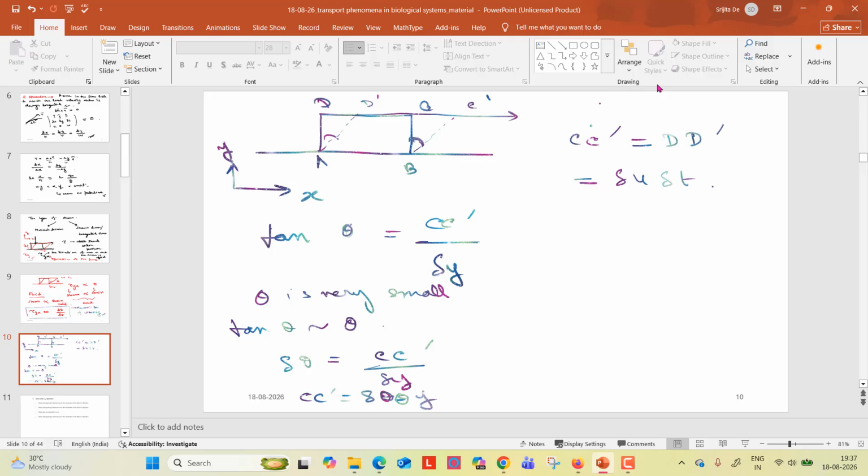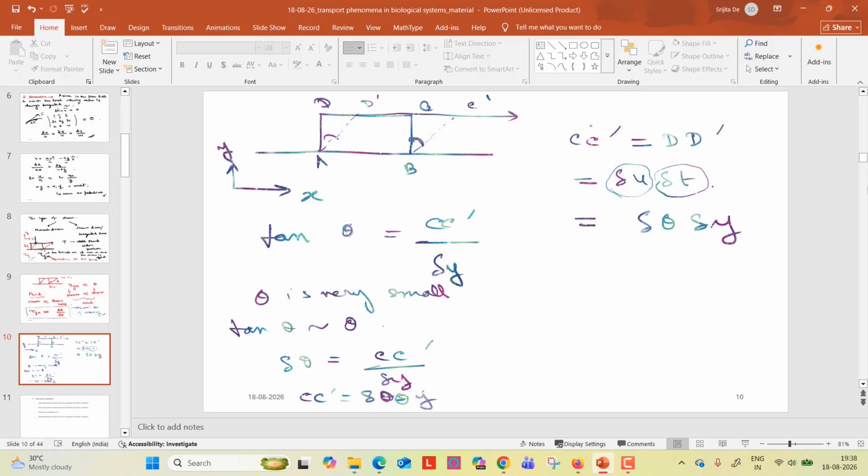That means distance will be velocity into time, right? So from there we can conclude that CC dash, which is equal to DD dash, is equal to the velocity of the system into time. So you can write it as delta u into delta t. And also CC dash is delta theta into delta y, from the trigonometric relation we have proved. So now we can just cross check it.